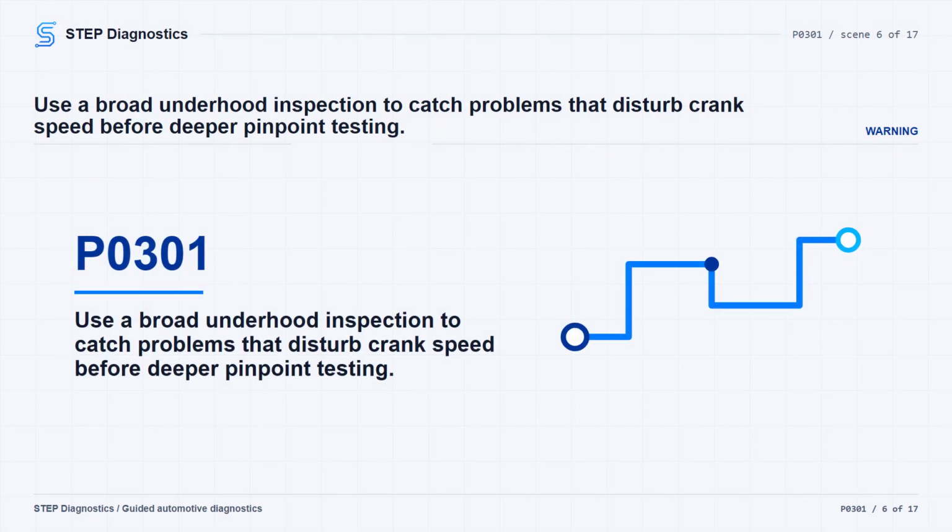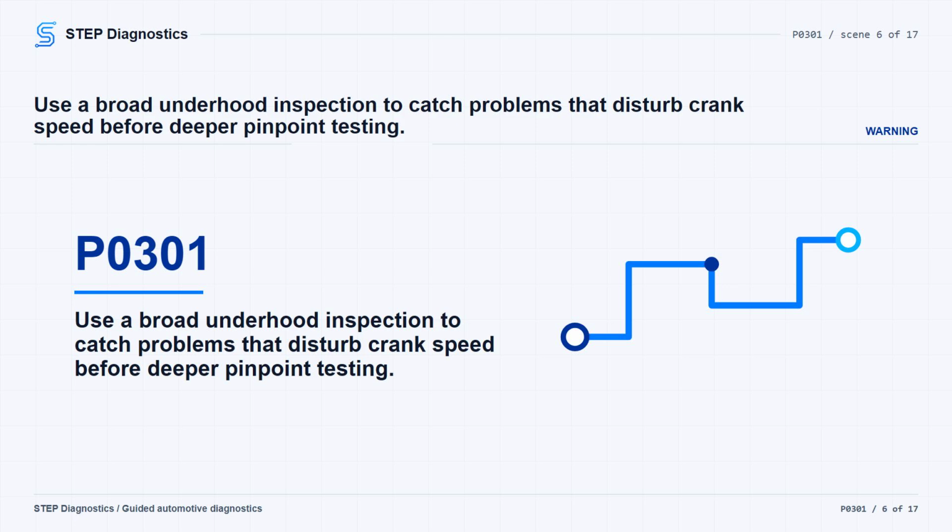Now do a careful inspection before getting buried in pinpoint testing. Look for belt problems, accessory pulley misalignment or binding, poor sensor mounting at the crank, cam, or MAP sensors, poor connector or terminal contact at key engine components, weak PCM powers or grounds from corrosion, vacuum leaks, intake or exhaust restriction, signs of internal engine trouble, moisture on ignition parts, fuel supply or fuel quality concerns, and operating load conditions that could be contributing.